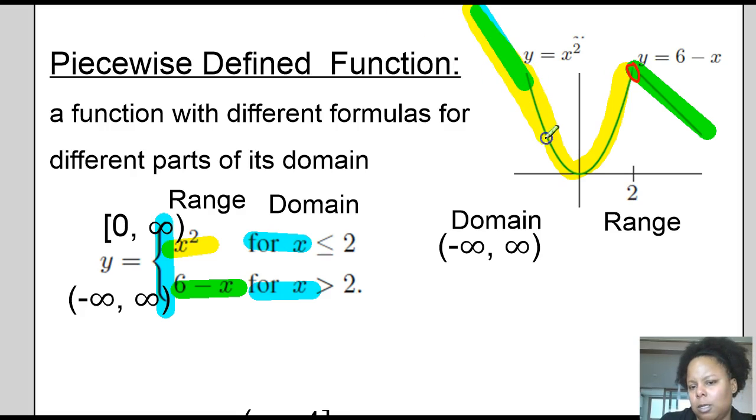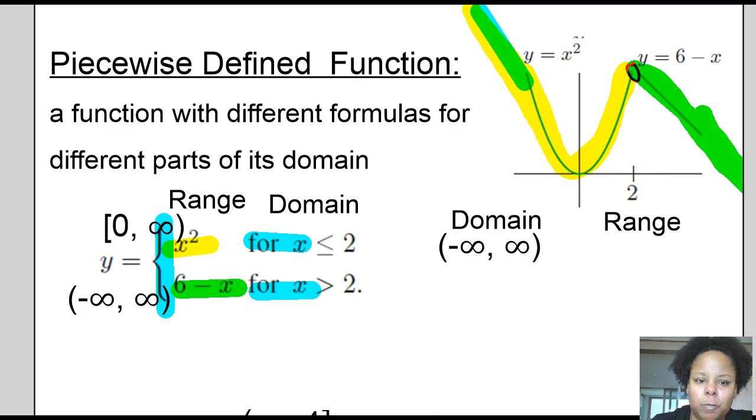And this part stops, but that's okay because we already have all these values over here to the left. But what's important to note is right here for y equals 6 minus x. We can go all the way down to negative infinity, but we stop right up here, whatever this value is. And when I plug 2 into this part of the formula, I get 4.